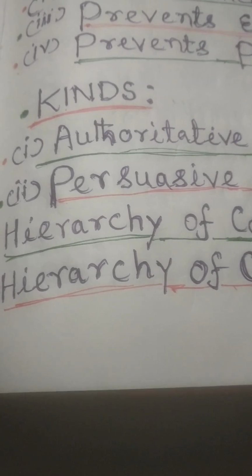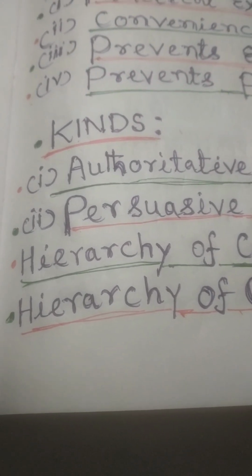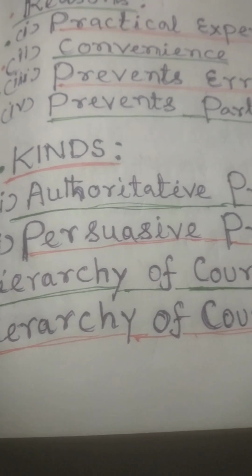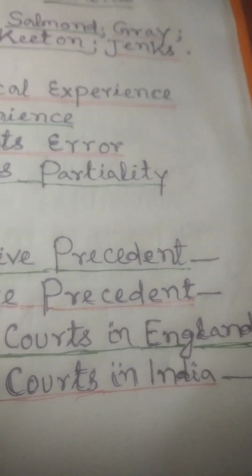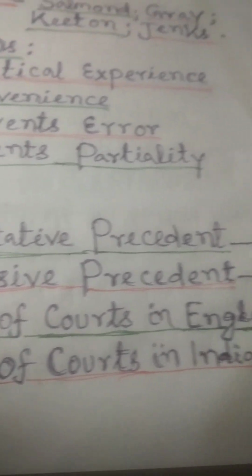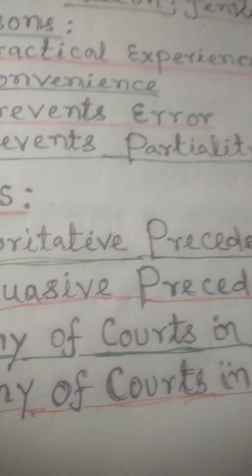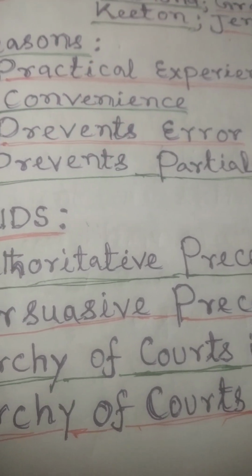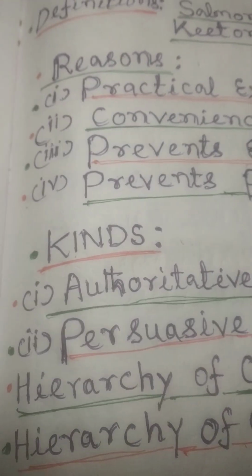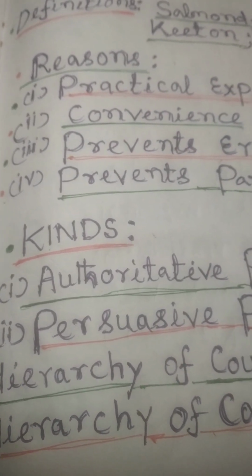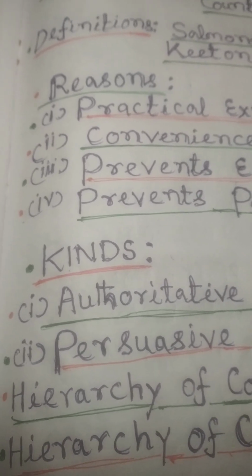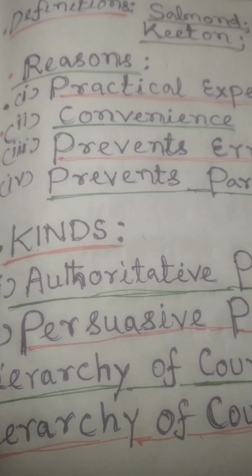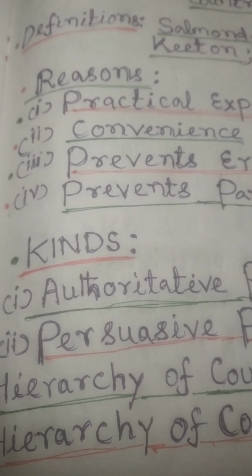To understand precedent in a better way, we have to discuss the hierarchy of courts in England, and also the hierarchy of courts in India. Regarding the hierarchy of courts in England, at the topmost of the judicial system is the House of Lords, and below the House of Lords there are the Court of Criminal Appeal and the Court of Civil Appeal, and below that is the High Court.